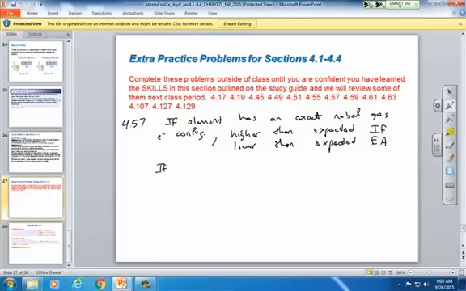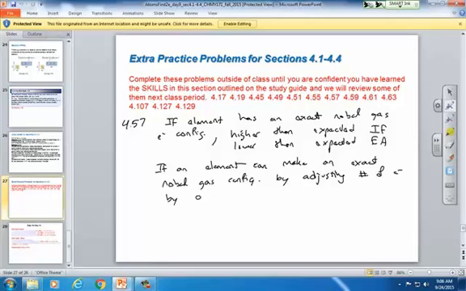If an element can make an exact noble gas electron configuration by adjusting the number of electrons by only one electron, then it will be very easy to do that.